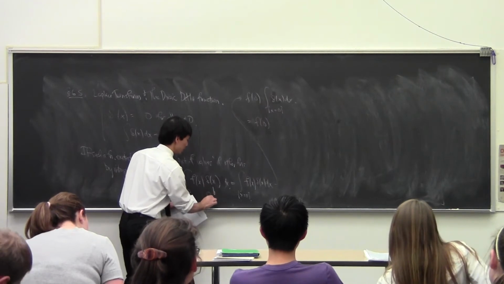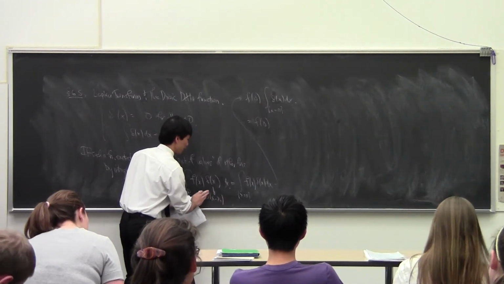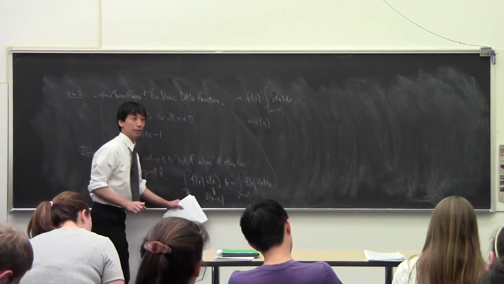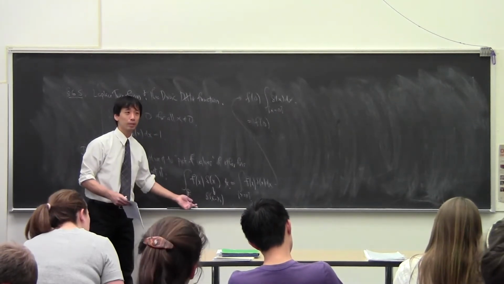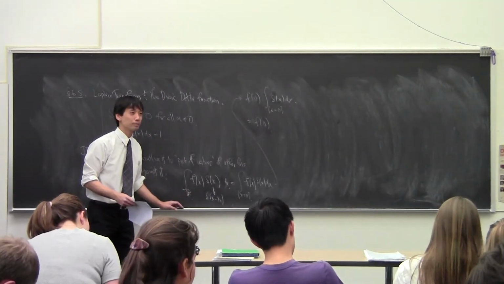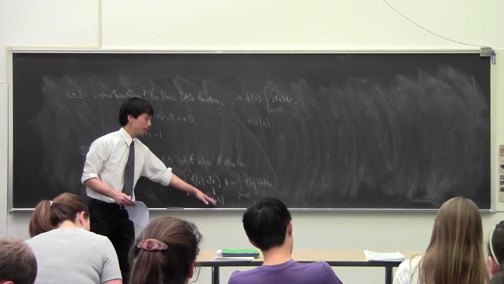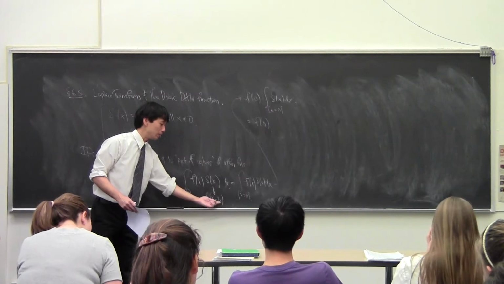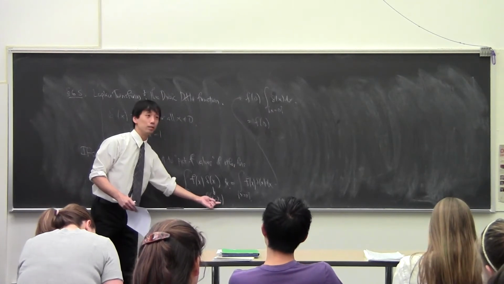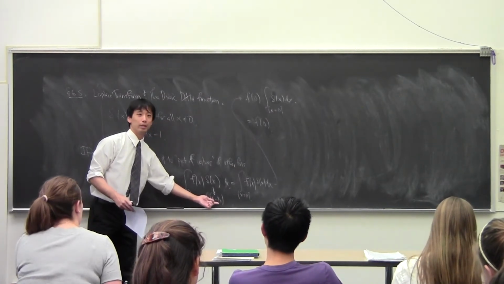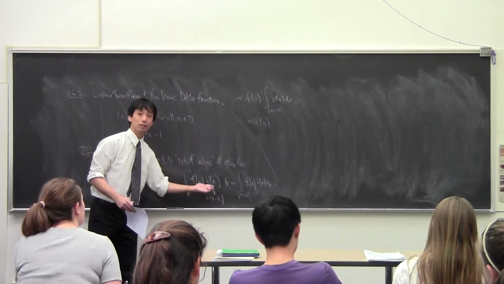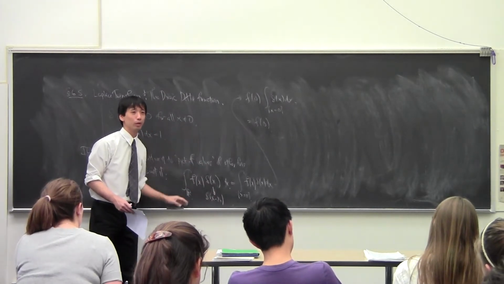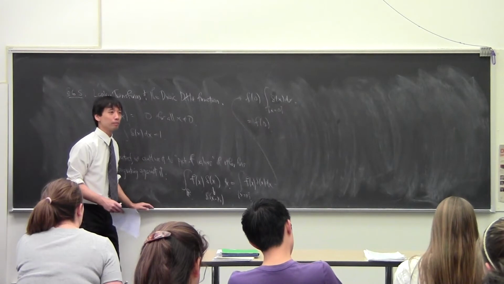When I change this to delta of x minus x naught, the translation of the Dirac delta function, what's going to happen then? It'll pick off the value of f at x naught, because this is going to be 0 whenever x is not equal to x naught, and its mass, that mass of 1, is somehow concentrated at x naught.